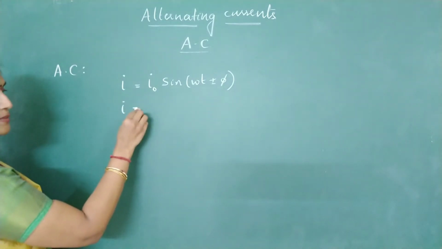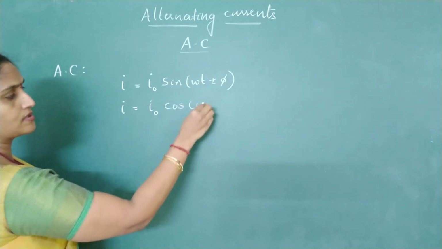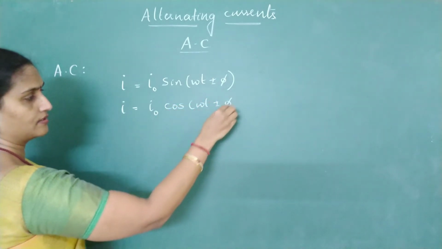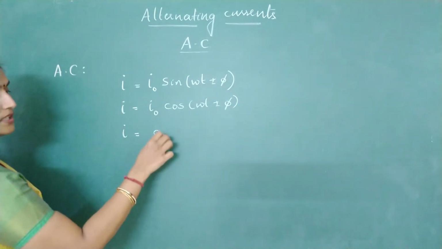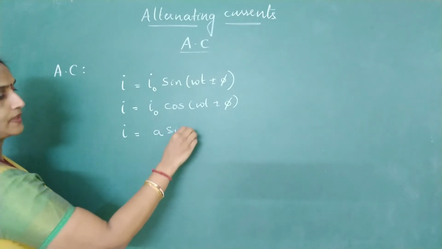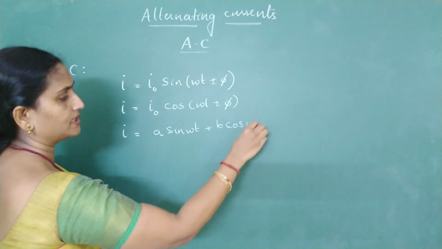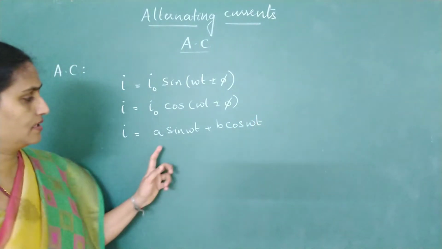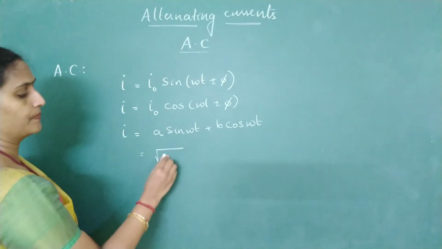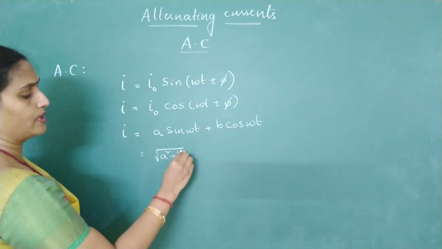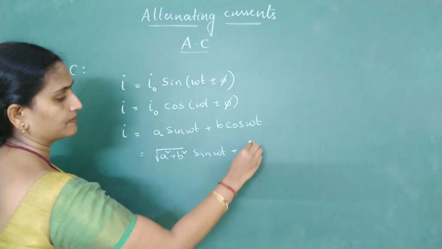You can also represent it by a cosine function. Amplitude is I naught cos omega t plus or minus phi. Sum of sine and cosine functions: if I write I equals A sine omega t plus B cos omega t, even this represents an alternating current because we can reduce it to root of A squared plus B squared, sine omega t plus phi.